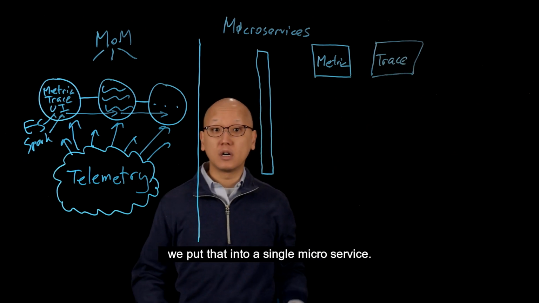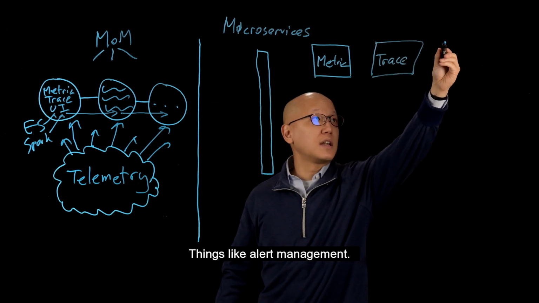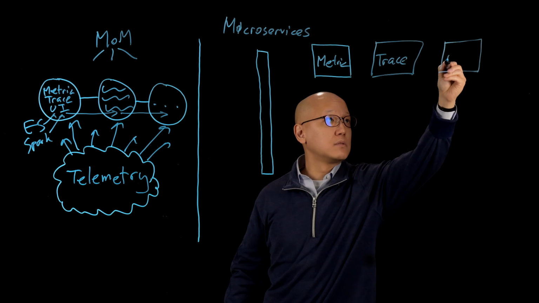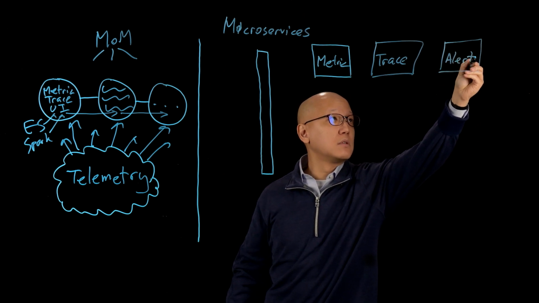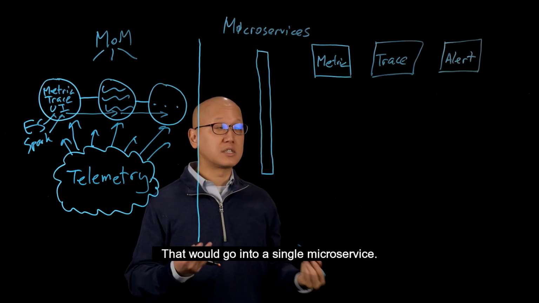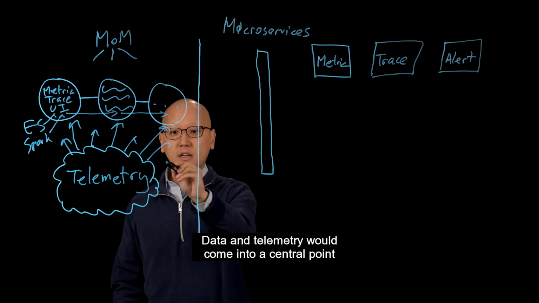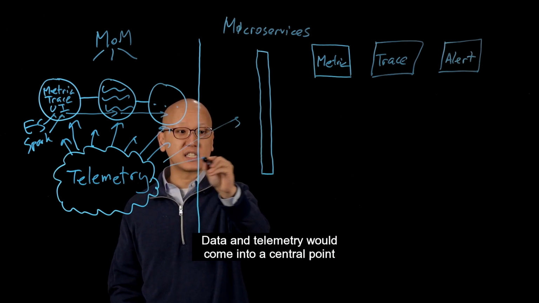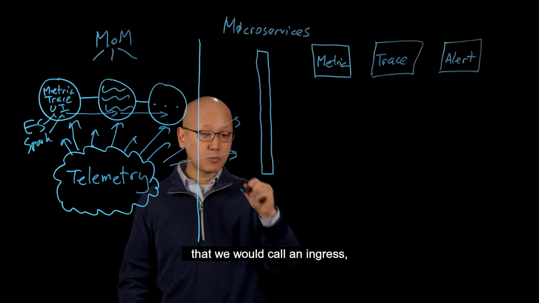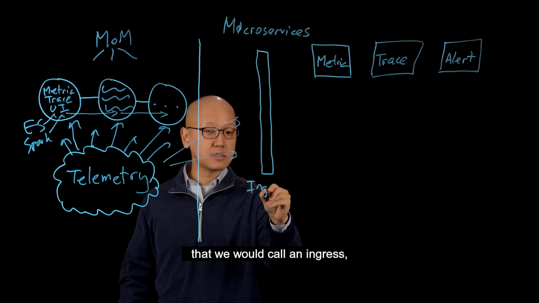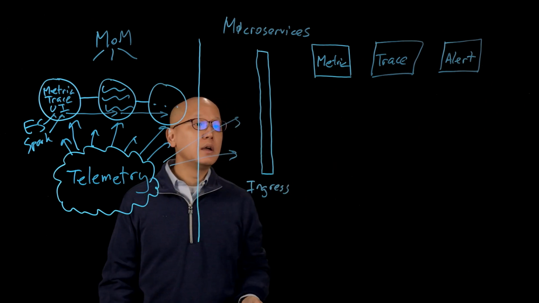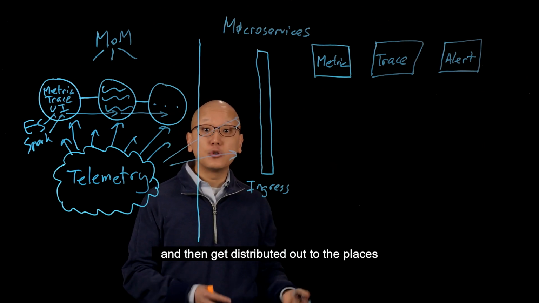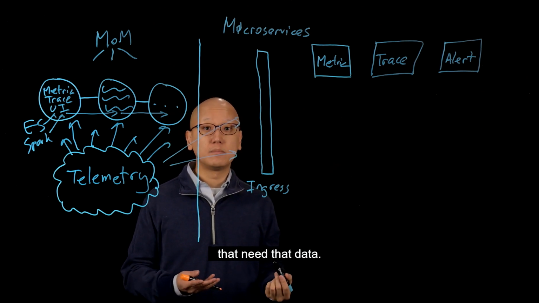We put that into a single microservice. Things like alert management, that would go into a single microservice. Data and telemetry would come into a central point that we would call an ingress, and then get distributed out to the places that need that data.